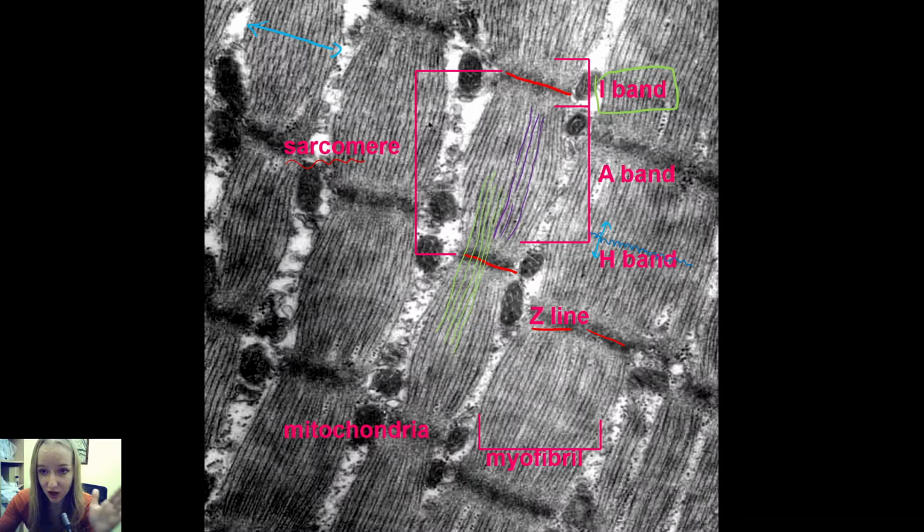You can see how sarcomeres are organized, and you can see thick filaments and thin filaments together creating A band. And just remember there is a cytoplasm also in between with mitochondria and stuff. And these Z lines are interconnected together with desmin. And that's why we can see the striation throughout the whole muscle fiber.